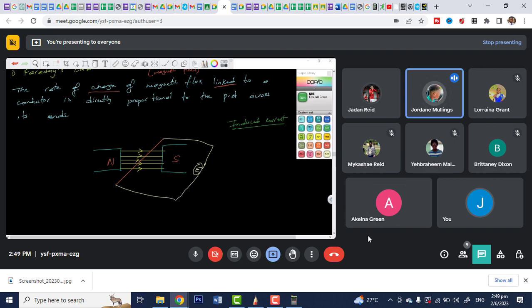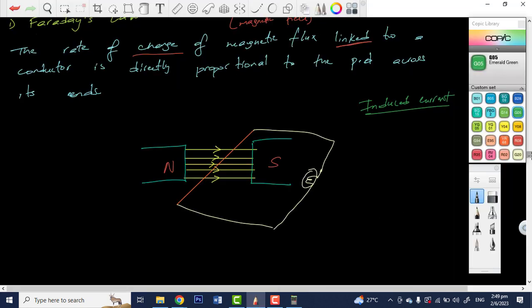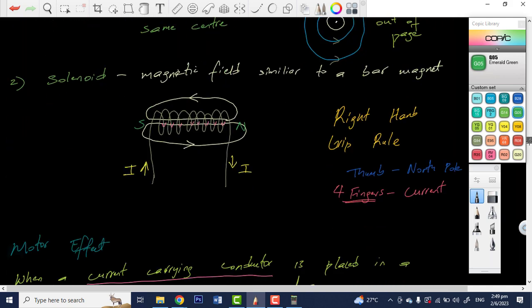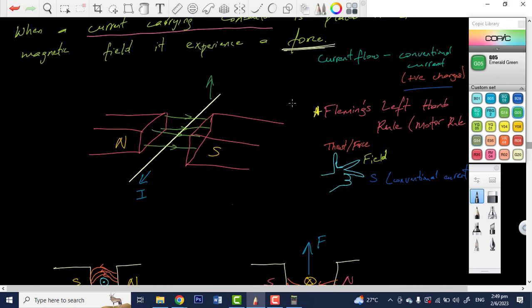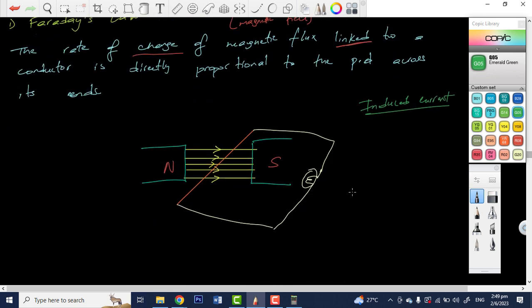Let me see if I can help you out. So with the motor effect, we're getting motion, right? We're getting motion from the conductor and the magnet. So we're getting motion, that is why we call it a motor. Now in this case, we're getting current, right? So we're getting current from the conductor and the magnet.